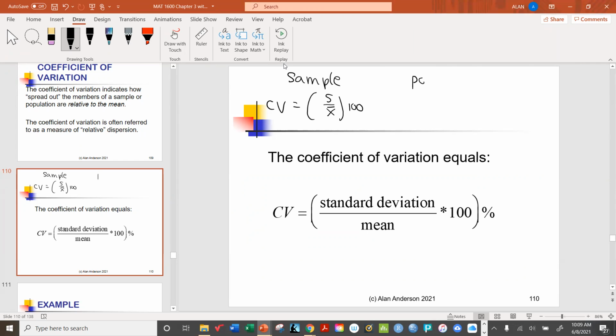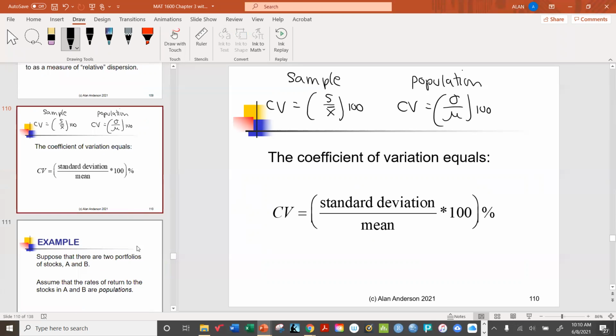And for a population, it's going to be, based on the Greek letters, sigma over mu times 100. But you can see it's the same thing. So it's easy to calculate, and it's based on measures we've already calculated. Like I said, it's not completely new. It's just a different way of looking at dispersion.